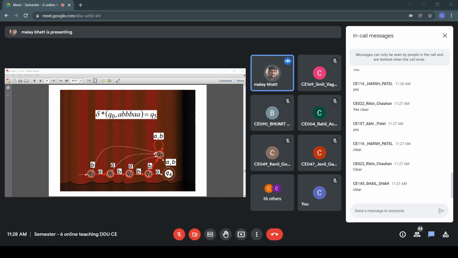Okay, so can you tell me what will be the value for this? Delta star Q0 null. Can you tell me what will be the value for this?